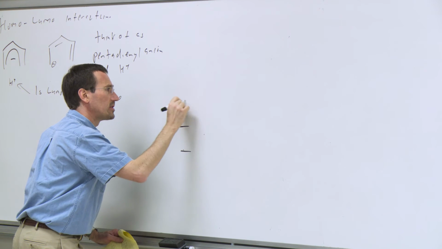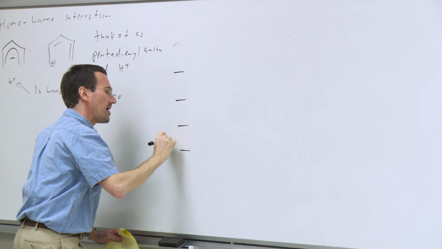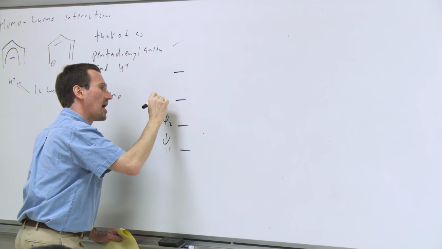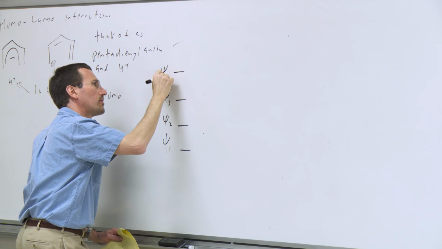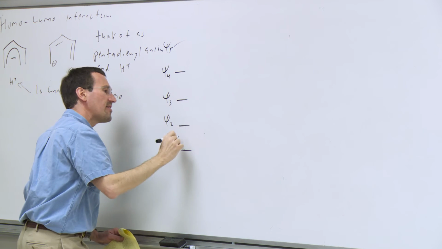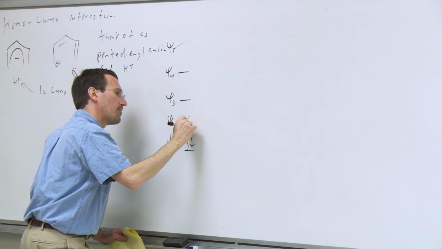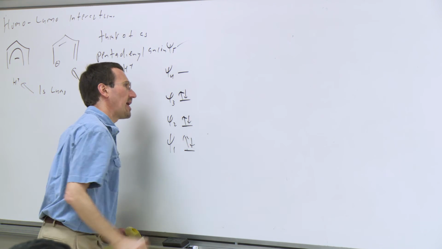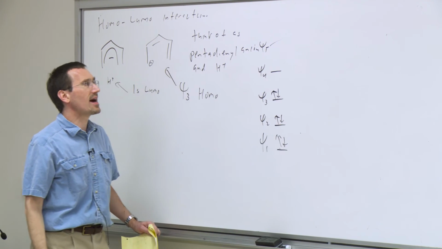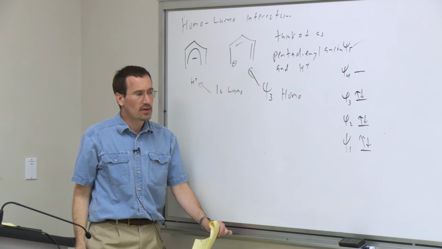So in our pentadienyl system, we have psi1, psi2, psi3, psi4, psi5. We populate our orbitals with 6 electrons. So this is the pentadienyl anion system.